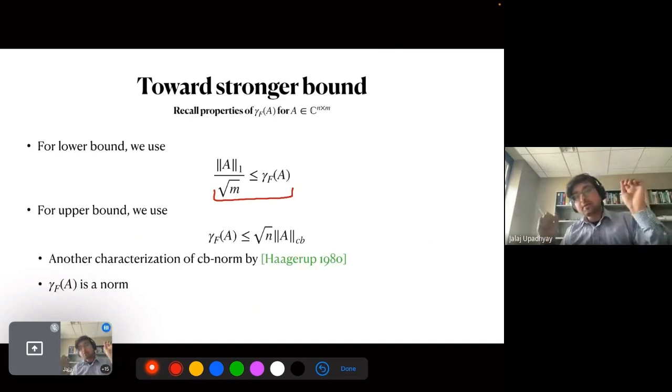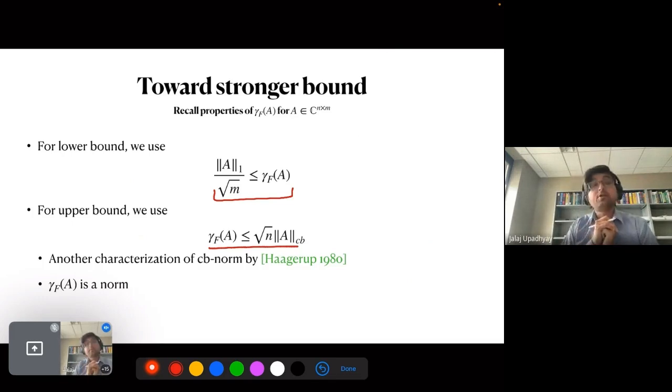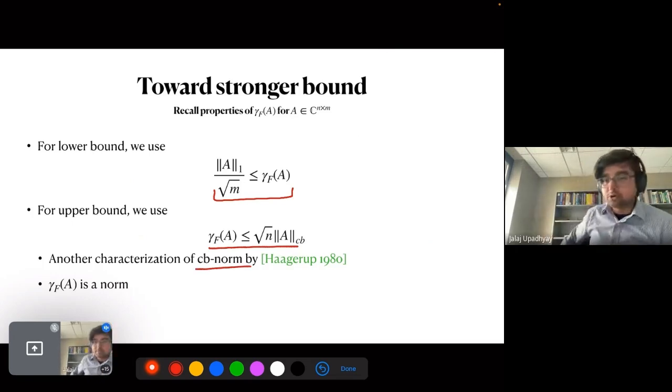I will pull down the lower bound by half and the upper bound also by half, so they kind of converge in the middle. For the upper bound, I will use what we showed, that the gamma f norm is upper bounded by square root of n times the CB norm. Then I will use another characterization of the CB norm, known from Haagerup. And the final property I would use is that the gamma f norm is also a norm.